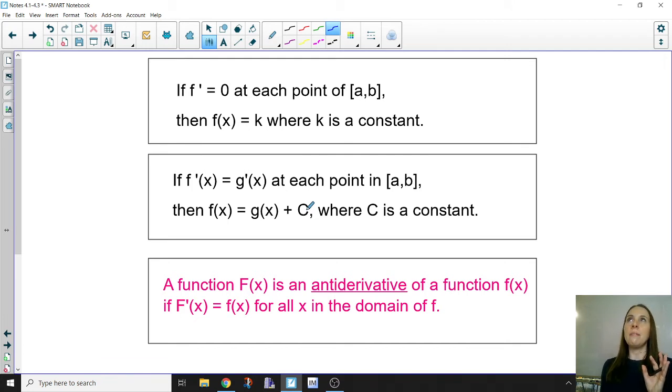If I have f of x equal to x squared and g of x equal to x squared plus 3, both of their derivatives would be 2x. Would you agree? Both the derivative of x squared and the derivative of x squared plus 3 is 2x. So the derivatives match, but the 2 functions are different because of the constant. And the derivative of the constant goes to 0, and that's why this is the case.